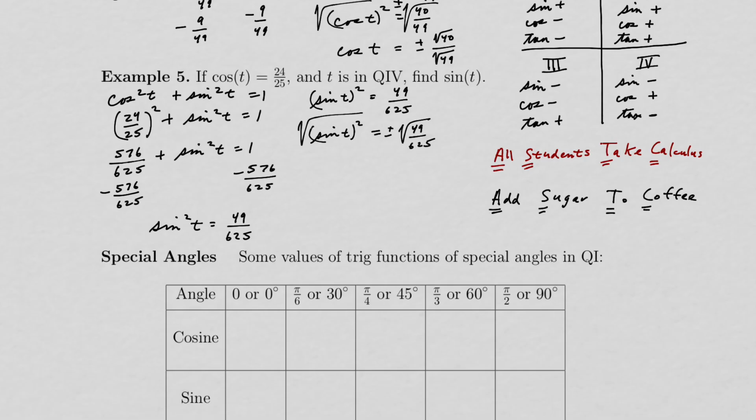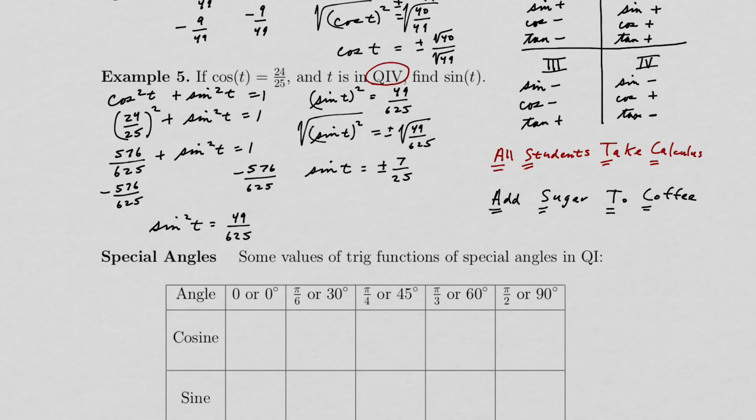Okay, so I end up with sine of t, that's what I wanted, plus or minus, and it turns out the square root of 49 is just 7, and the square root of 625 is 25. So it's plus or minus 7/25. Okay, but which one do I choose? Well, we're told that the angle was in the 4th quadrant.